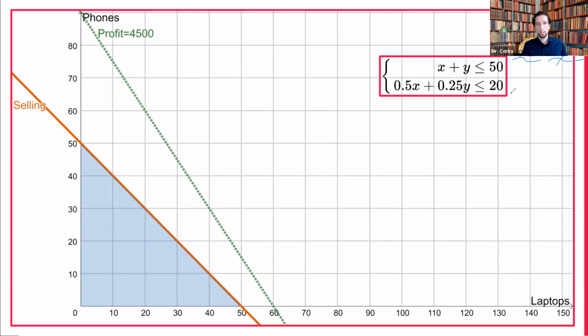What are the x and y intercepts? 40 and 80. Okay, 80, good. Someone might have gotten confused here. 20 divided by 0.5, that's 20 over 1 over 2, so that's the same as 20 times 2.